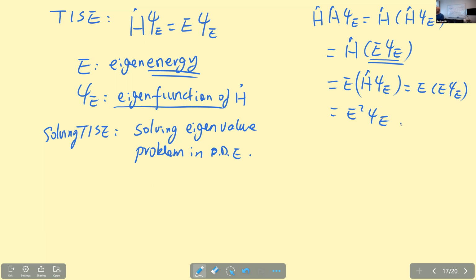So this is a very nice property of the eigenfunction. You can apply the operator once, twice, three times, and you simply multiply by the eigenvalue once, twice, three times, and so on. So you can actually write down any power of this.